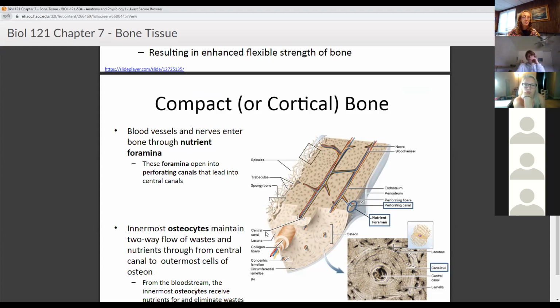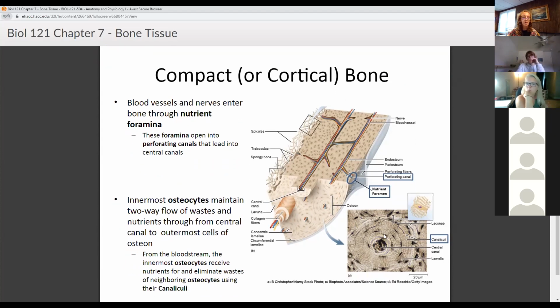The innermost osteocytes within this ring keep giving nutrients to the outer osteocytes via the flow of waste and nutrients through the caniculi.